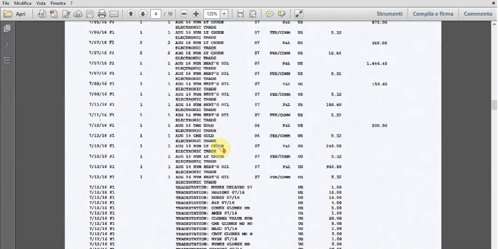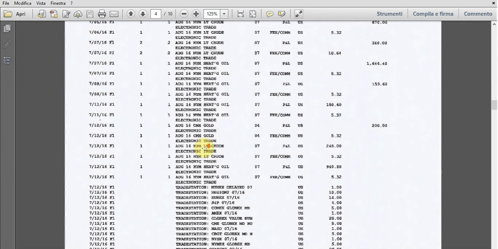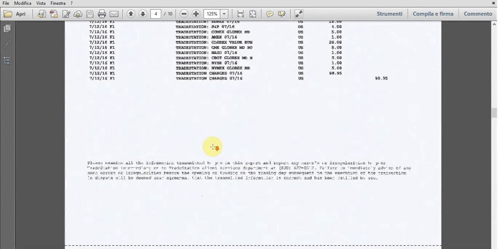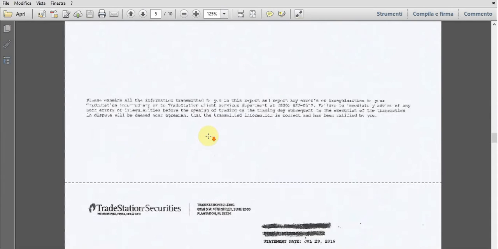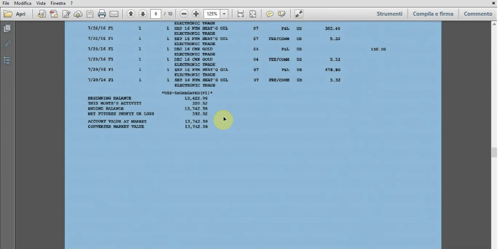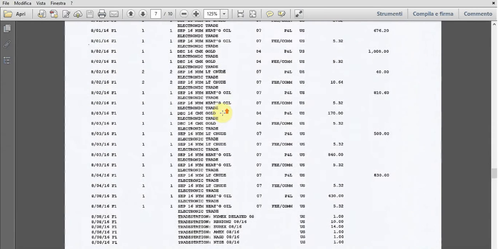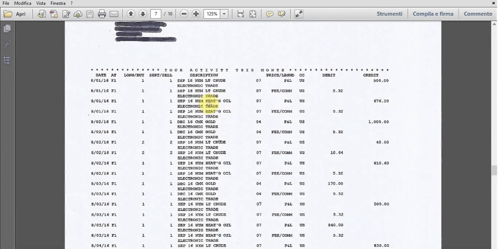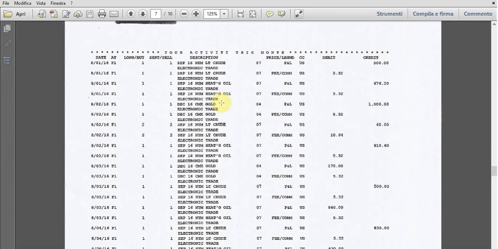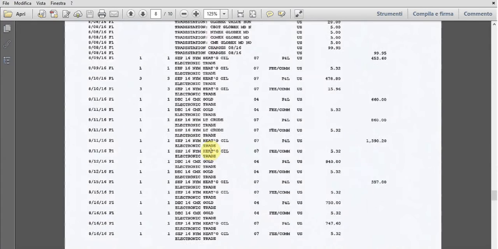Then we moved to July, trading the instruments that I showed you, heating oil, gold, crude oil, and so on. We go to the end of July. In July, profit and loss is quite small, less than 400. And then we go to August, same instruments, intraday trading, gold, heating oil, and so on.